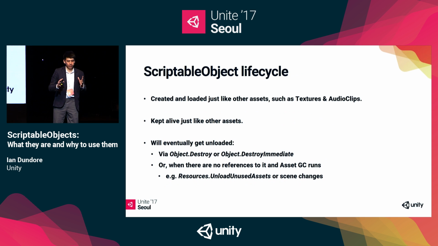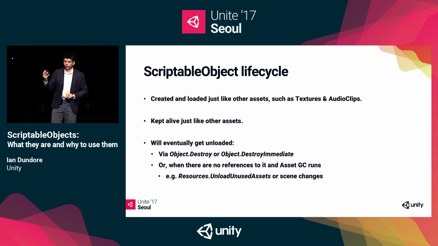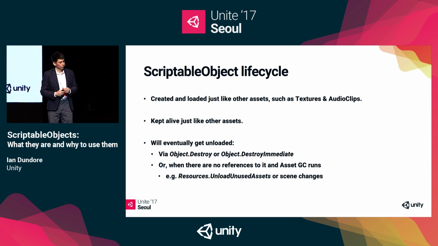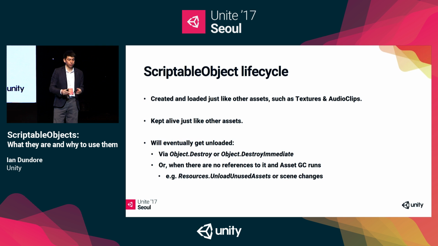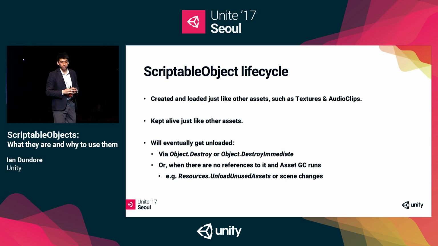Okay, so I said earlier that scriptable objects lead simple lives. They are created and loaded just like other assets, like textures, like audio clips. They'll be referenced by something in a scene, or maybe they'll be loaded by an asset bundle or from the Resources system. Maybe you'll create them at runtime. While they are alive, they just hang around, letting you use them however you like. Eventually, they will get unloaded.